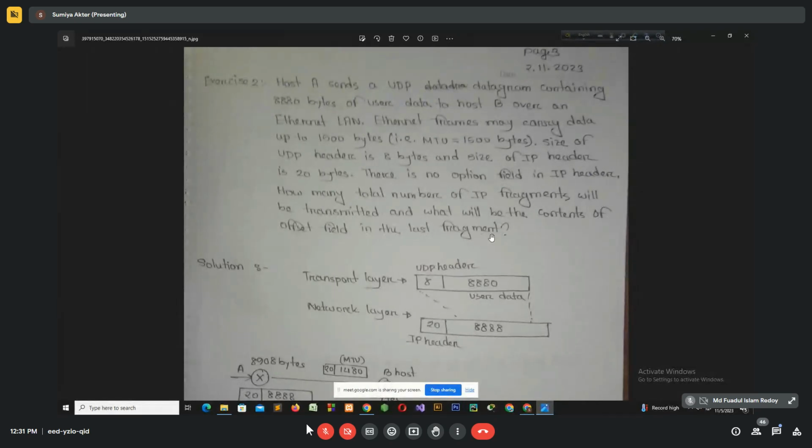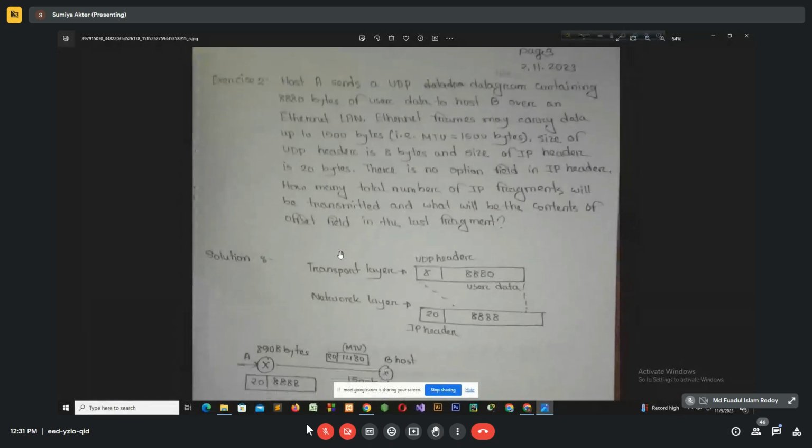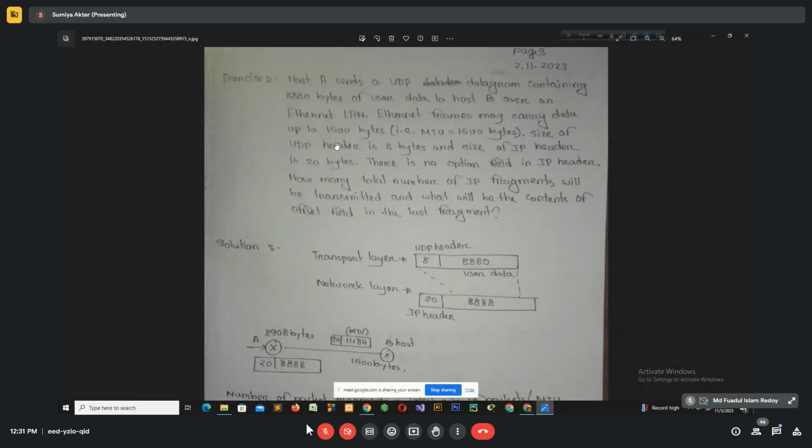So what happened here is that first of all, in exercise 1 we saw that the data was transferred from our network layer to another network layer. But here the UDP layer has been mentioned. We know that the UDP layer is in the transport layer.